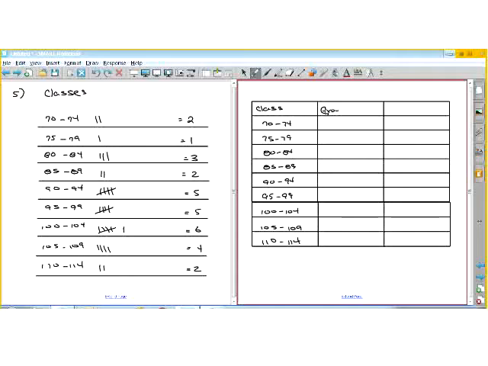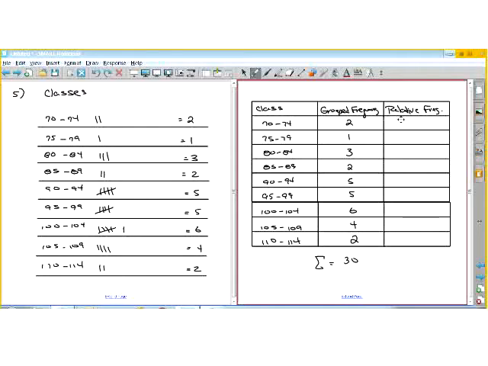Then you have, I guess we can call it grouped frequency, and this one will be relative frequency. The grouped are just these numbers that I've got in the previous step. And they add up to 30 because there are 30 numbers.